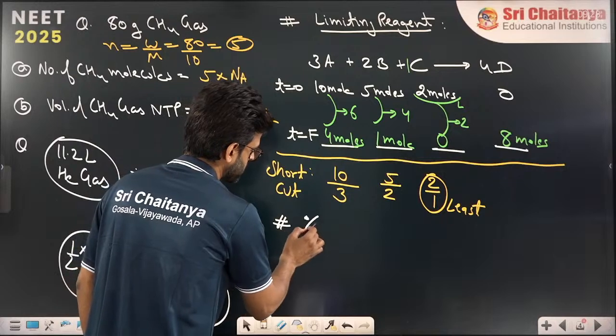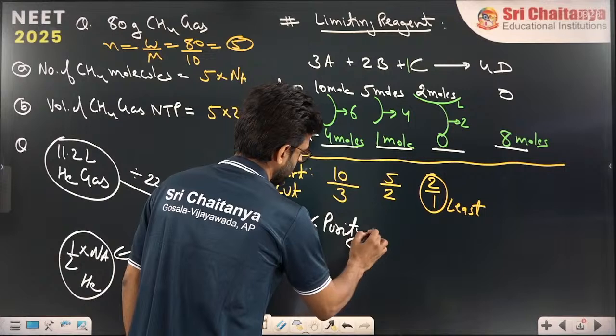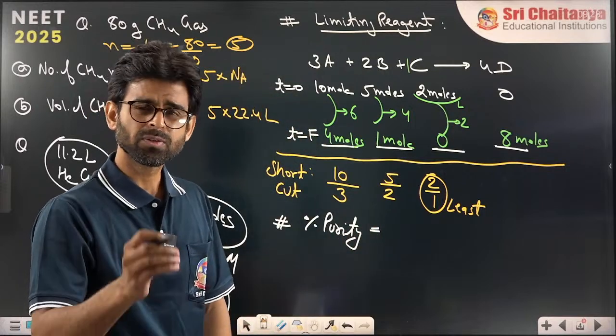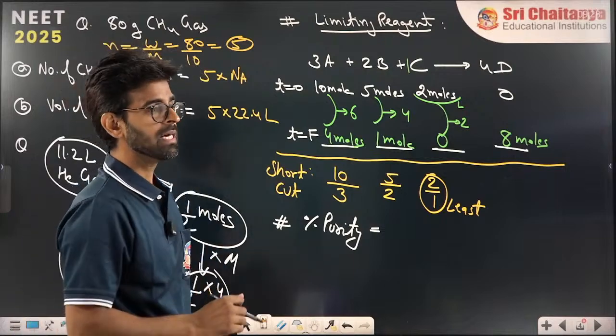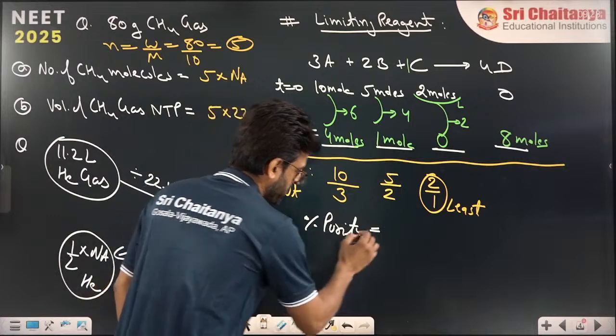In stoichiometry topic, one more small point is here where students always make mistake. It's percentage purity. Very important, and students always make mistake here. So listen very carefully. Percentage purity. What is it?